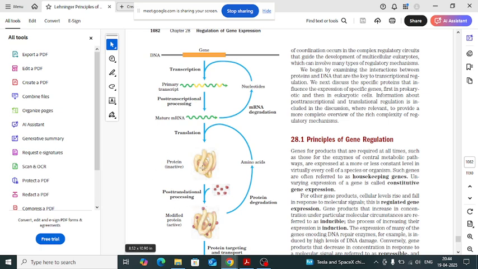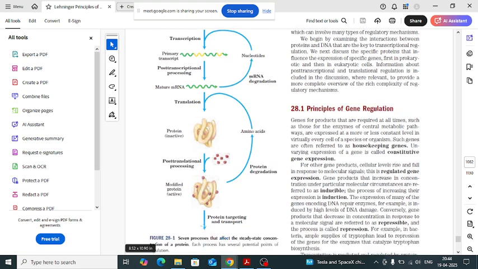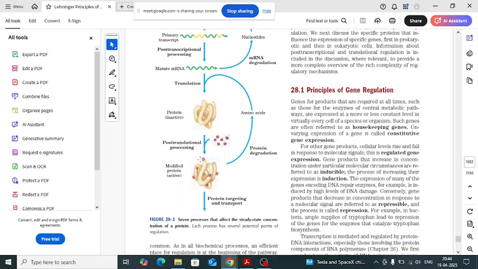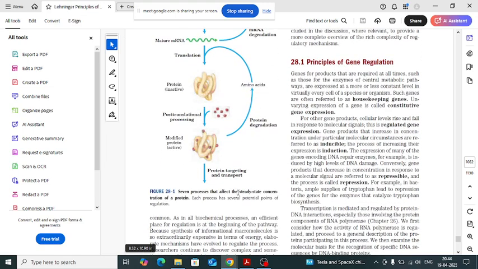After all those processes, the protein will be modified and active. Then the protein will be targeted so that it can be localized to the proper organelles. Or if it is a protein which has to be exported, then it will go to the cell membrane, from where it will be exported to the outside.